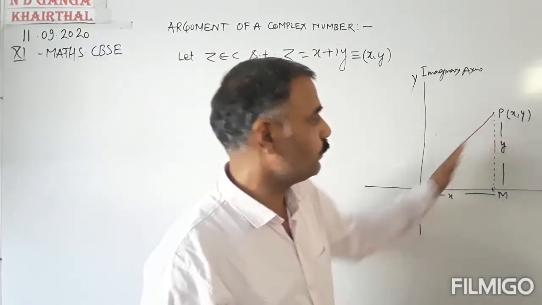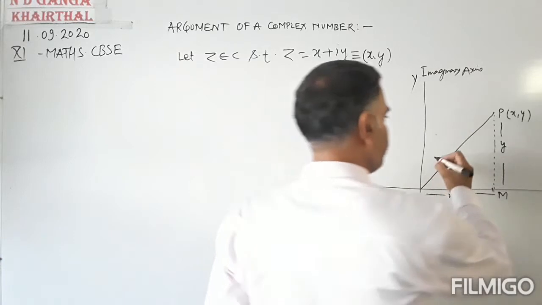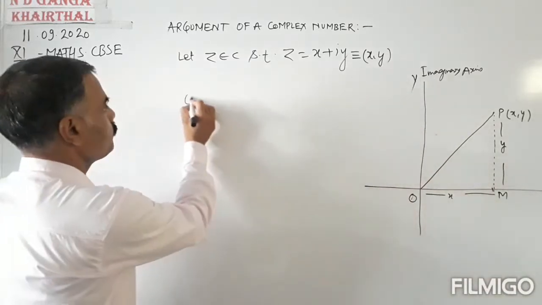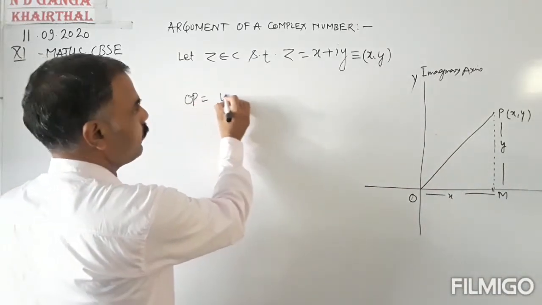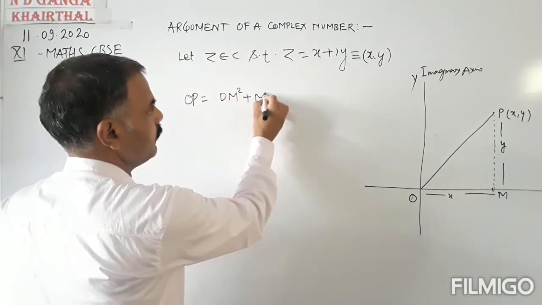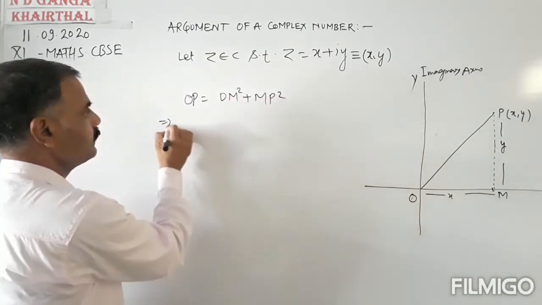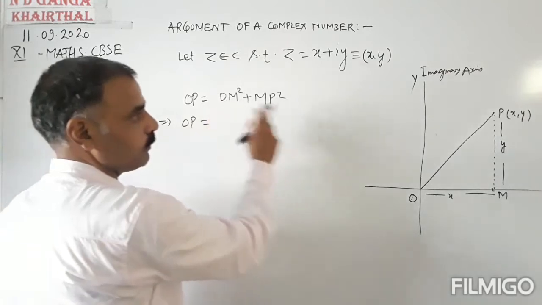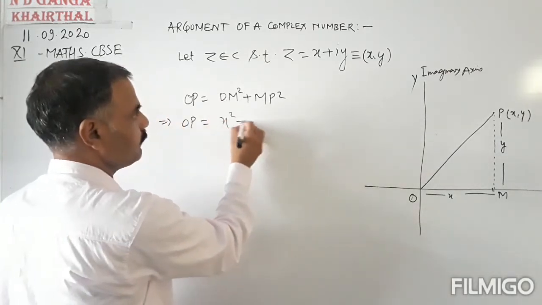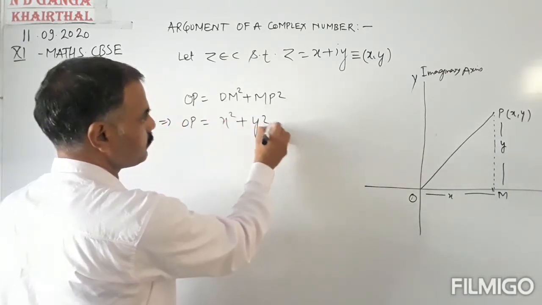This distance OP squared is equal to OM squared plus MP squared. Means OP squared is equal to x squared plus y squared.